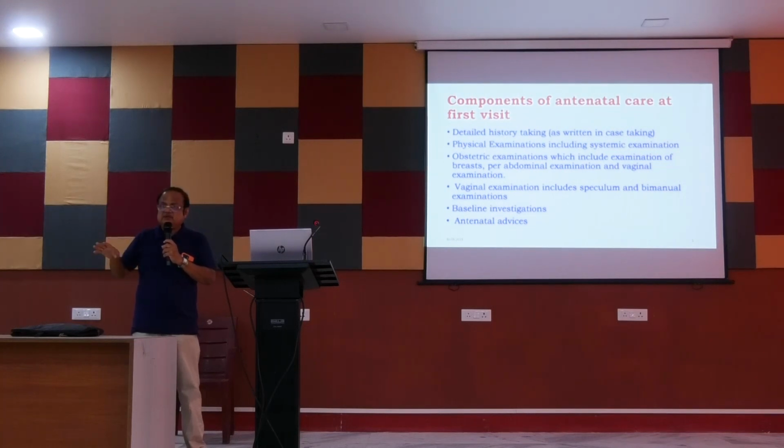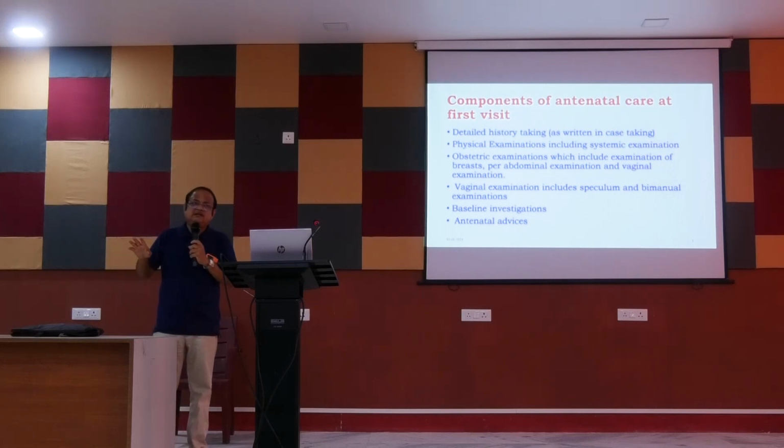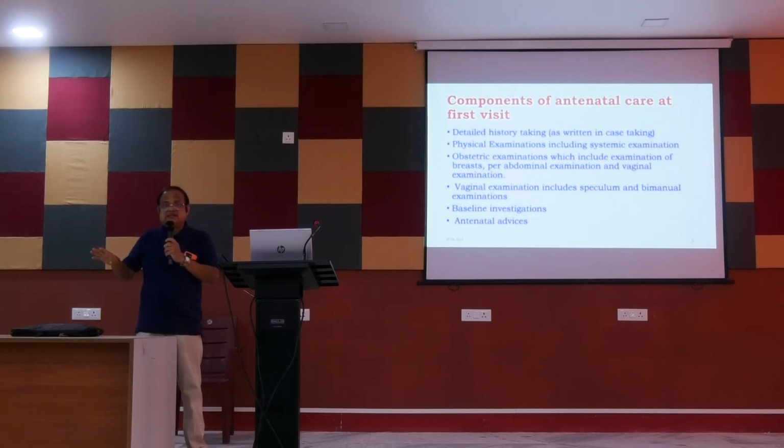And past medical history, past surgical history, and also past gynecological history are important. Past medical history, particularly whether she has any thyroid disorder, diabetes, hypertension, renal disorder. And surgical, any surgery done. And next you come to the family history.